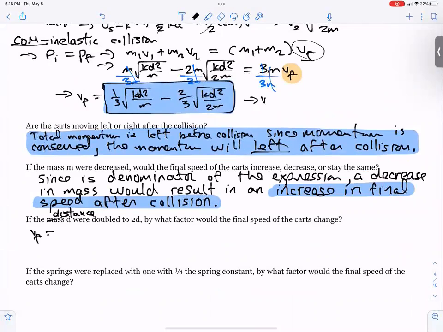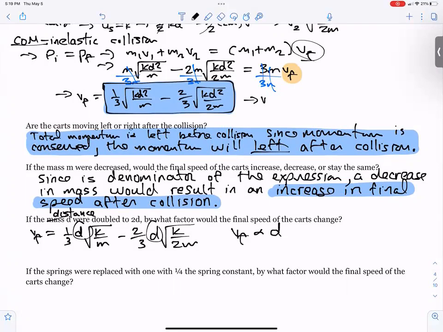So v final would be 1/3, I could pop out a distance there because the square root of d squared is d. So 1/3 d times the square root of k over m minus 2/3 d times the square root of k over 2m. And you can see, if I factor out a d, what that really means is the final velocity is directly proportional to d, because nothing else would change.